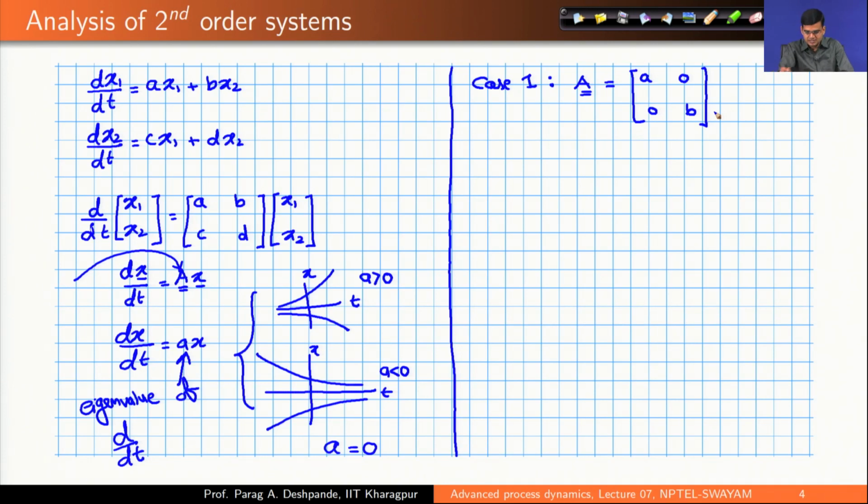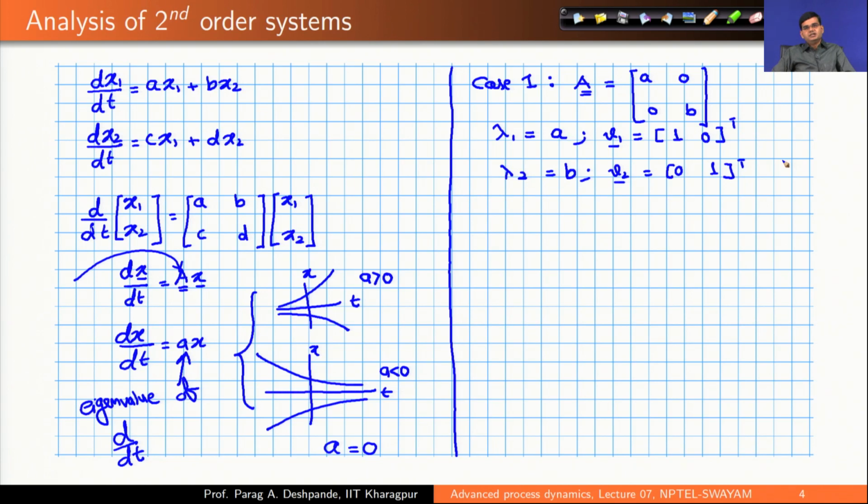In such a case, I encourage you to determine yourself that lambda 1 is A and lambda 2 is B, and correspondingly V 1 is 1 0 transpose and V 2 is 0 1 transpose.